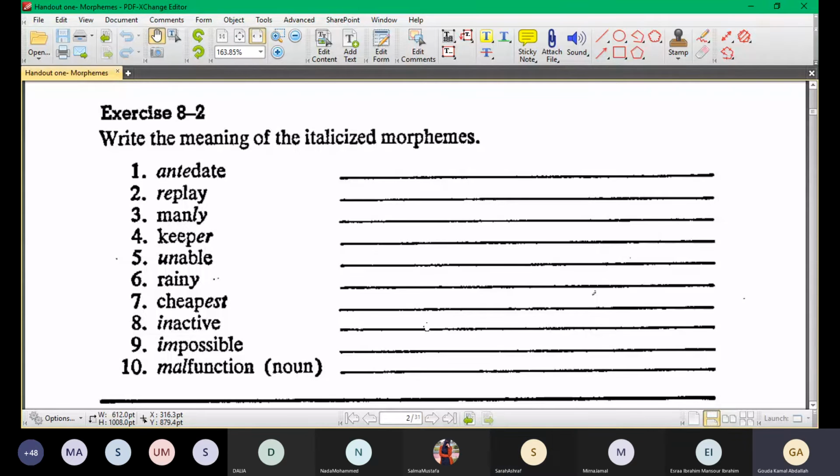Okay. So what is the meaning? So ly, it means in the manner of. So manly like man, womanly like woman. So in the manner of or like something.